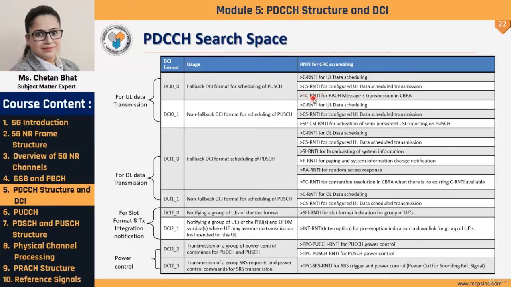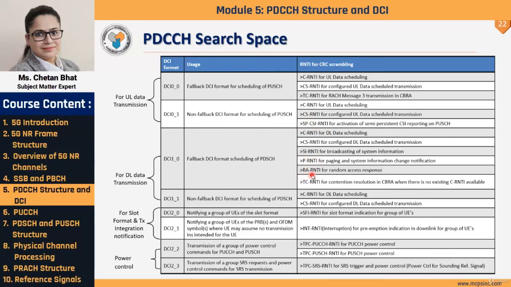Once the user moves to the RRC connected state, then the C-RNTI is allocated. Similarly, we have different types of radio network temporary IDs like C-RNTI, CS-RNTI, TC-RNTI, CSI-RNTI, then SI-RNTI, P-RNTI, RA-RNTI.